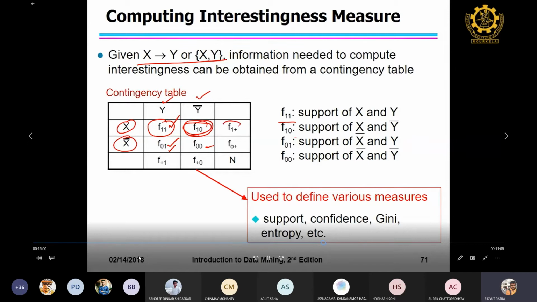This indicates the total number of x in the data set. This indicates how many times y appears, that means the support of y, and this indicates x and y together. And this one is where both are absent, and the total is the total number of transactions, all together n. So this contingency table will be used for finding the interestingness.